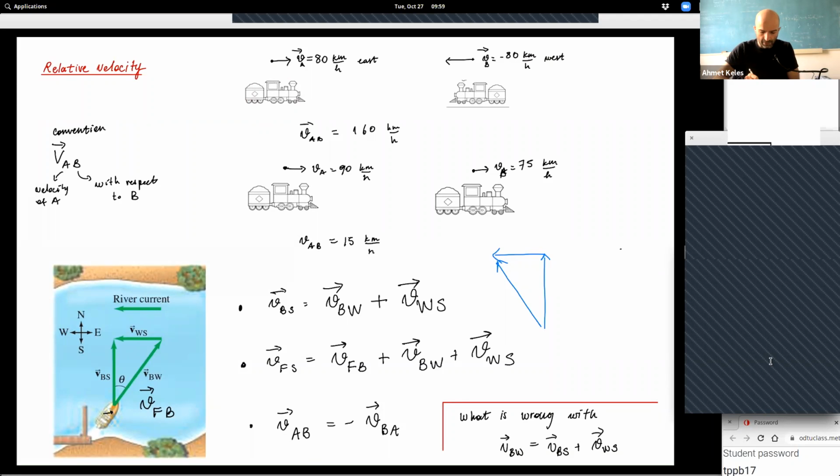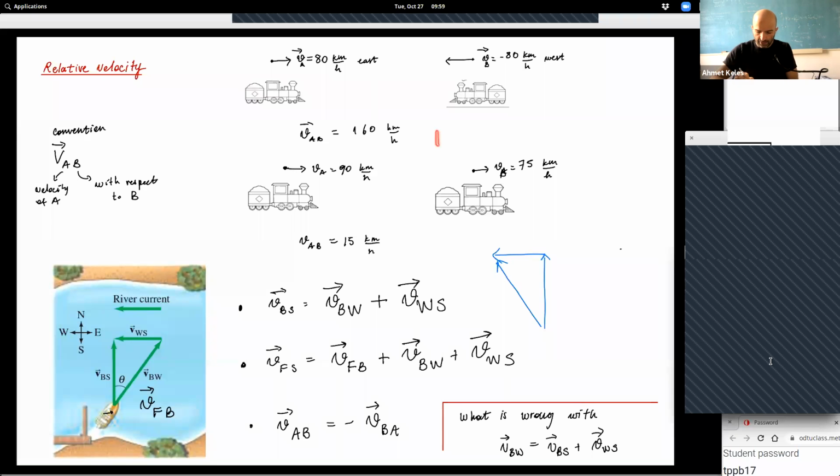We say your velocity with respect to Earth is 80 kilometers per hour. Your friend could be going in another train in the opposite direction with the same velocity, again with respect to Earth, according to a stationary observer on the ground.